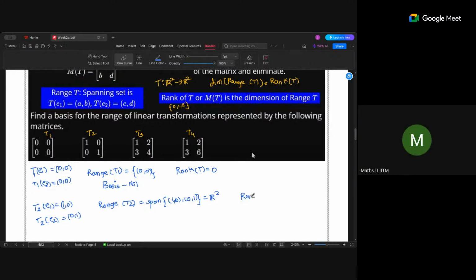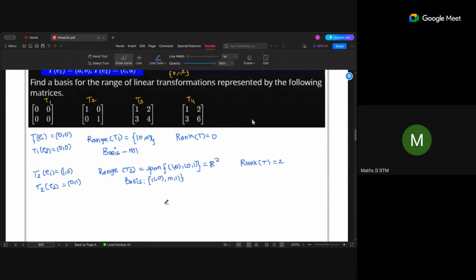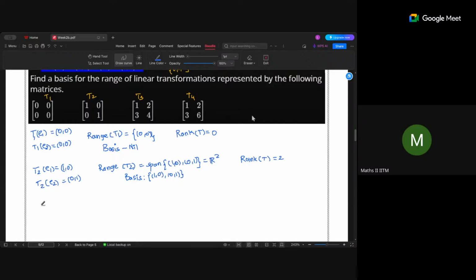So what is the rank of T in this case? Sorry, the rank is 2. And in this case, what is the basis? Just these two vectors, E1 and E2. Any two linearly independent vectors you can take. So here we have a straightforward scenario, and we can directly take this also.